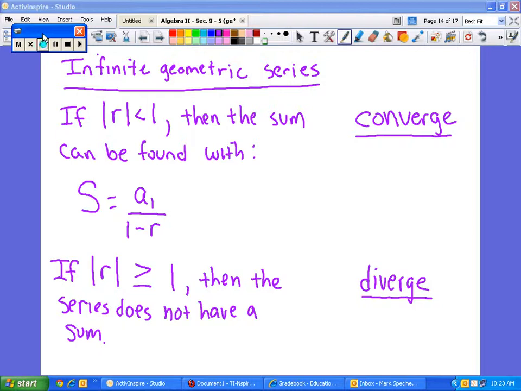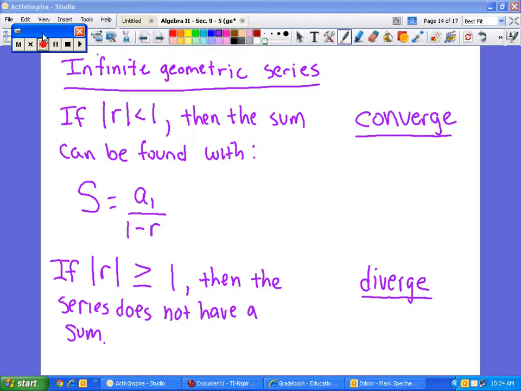And the formula we use to find the sum is very simple: first term divided by 1 minus the common ratio. A sub 1 divided by 1 minus r. If we can find the sum, we say that the series converges.